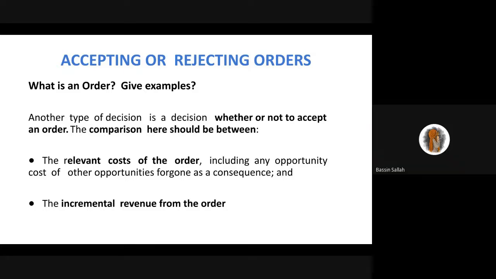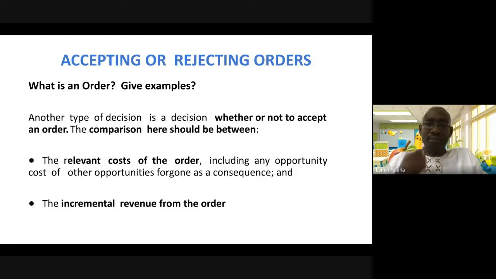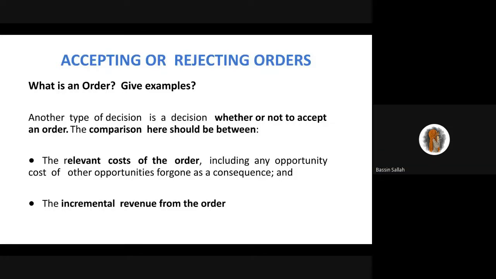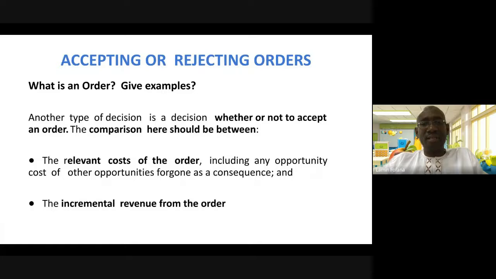They make an order telling us how many coupons they want and in what denomination, and the invoices will be printed before we can supply them with the coupons. Excellent. That's a very good example of accepting or rejecting orders.